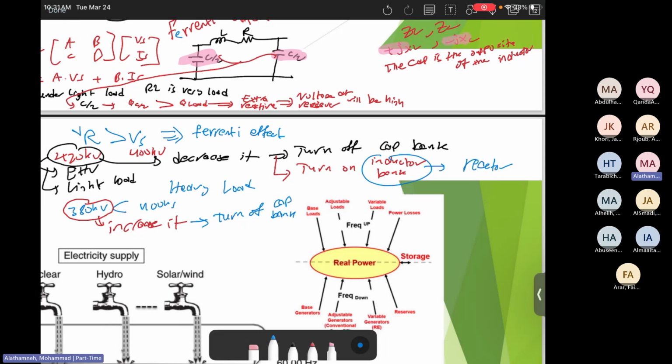What should I do to decrease the receiver voltage? Because if it is very large, it will impact the customers and other substation equipment. So we need to decrease it. How can I decrease it? By turning on reactors. The reactors will absorb reactive power, and turn off all of the capacitors until reaching the desired level. Okay, does this make sense?